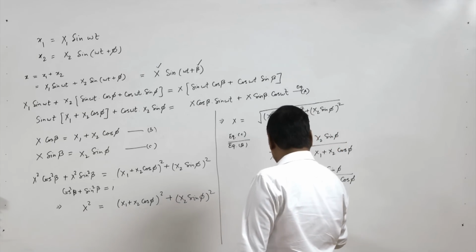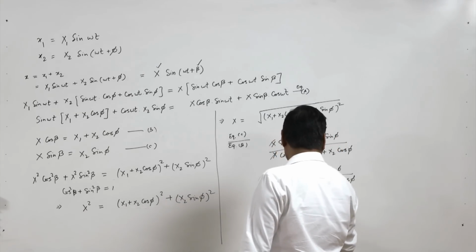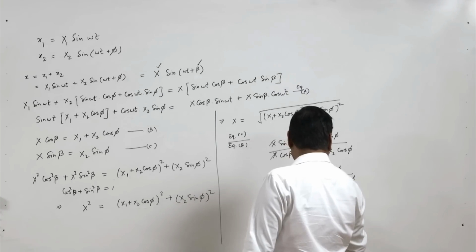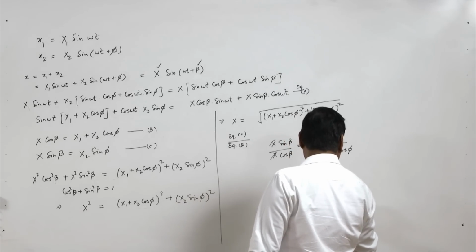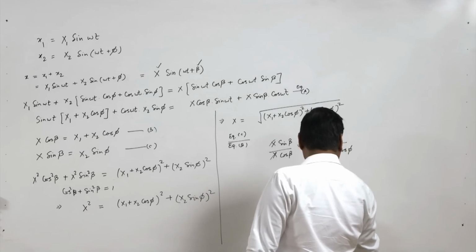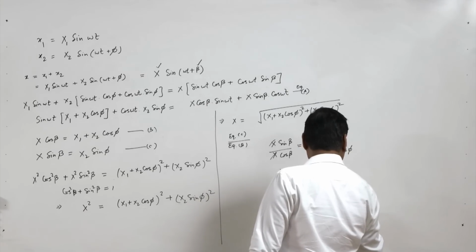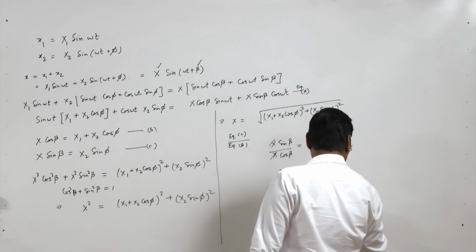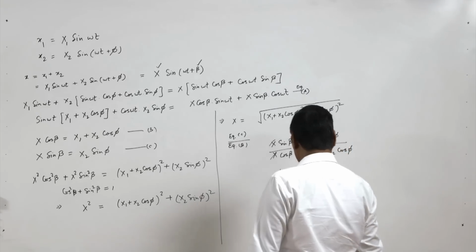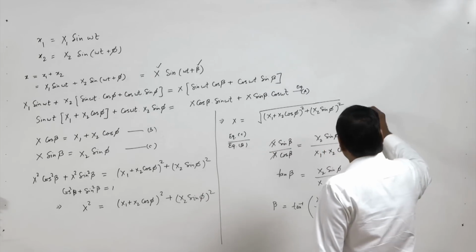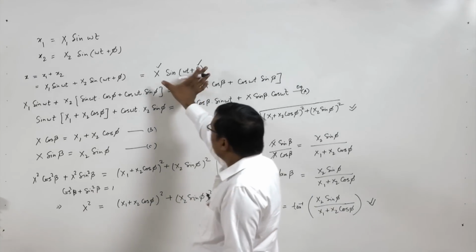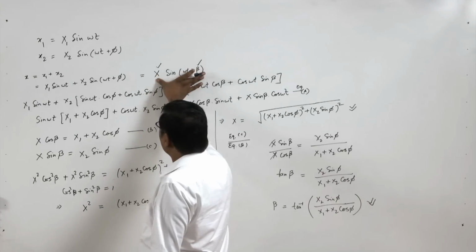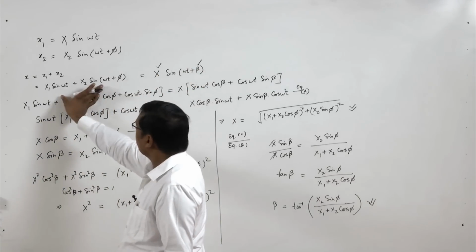So here we can find beta equal to tan inverse of x2 sin phi upon x1 plus x2 cos phi. So here we have got x and we have got beta. So we have got the resultant, that is the addition of the two motions.